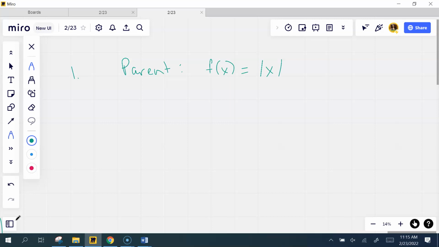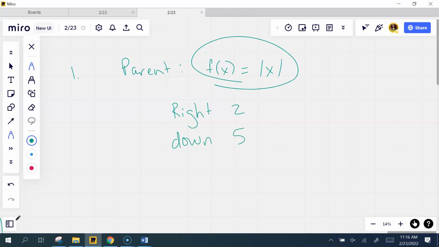Now it says, what are the transformations? In other words, how has it moved from this to what it is now? And I want you to tell me in words what it's done. It moved right, how many? Right 2, and then it did what? Down 5. Those are the transformations you're going to list.